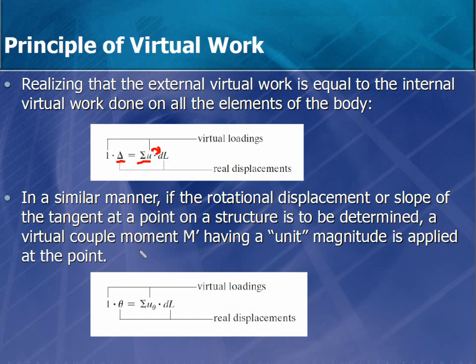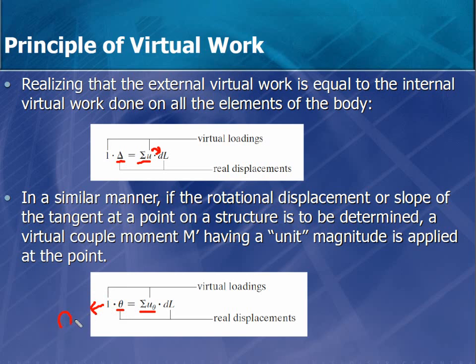Now if I was going to find theta, which is the slope, in this case, if I'm going to find the slope, this is going to be a moment, a 1 unit moment.